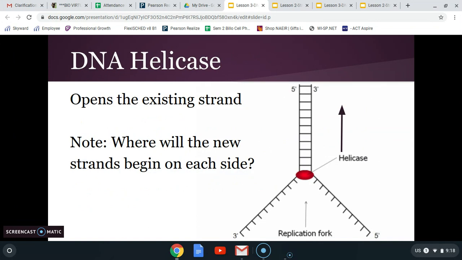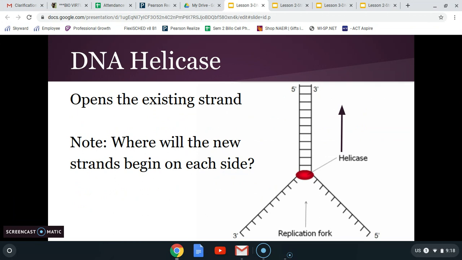So what happens here is this DNA molecule is unzipped by the helicase. You notice that in this case, the helicase is moving up. Also notice that the ends of the DNA molecule are labeled. We call those ends 5' and 3'.